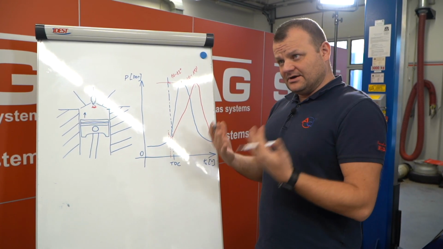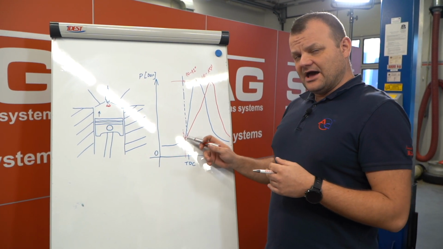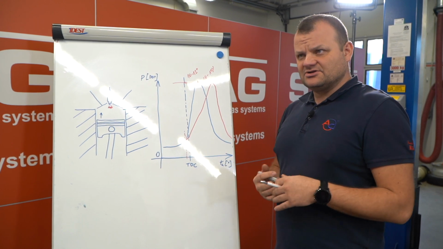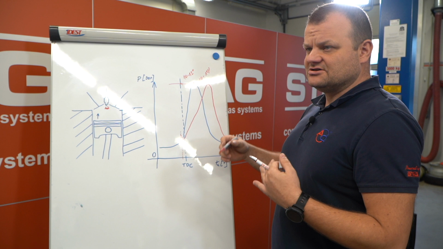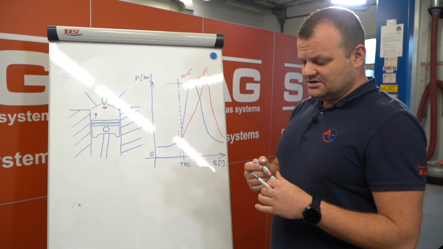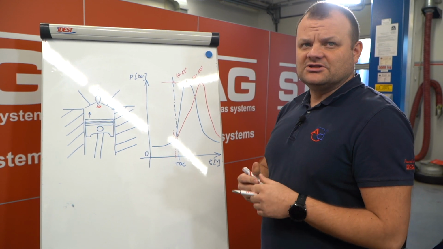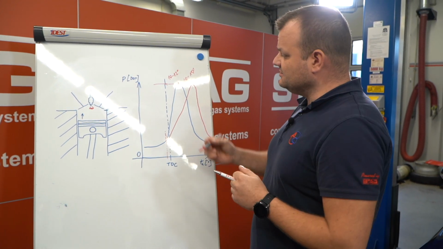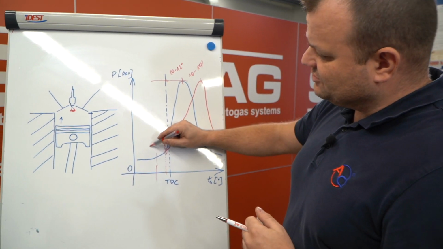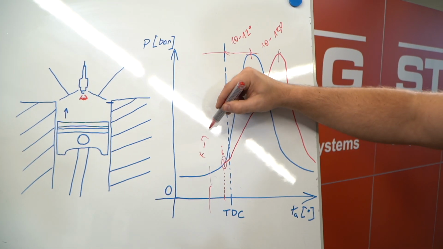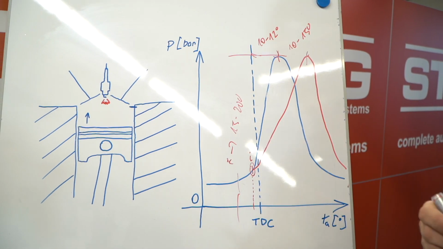That's why we need to change the default ignition angle compared to the petrol ignition angle. We need to advance it. In case of LPG, it's around 5 to 7 degrees. In case of CNG, it should be even 15 to 20 degrees compared to the default ignition angle.